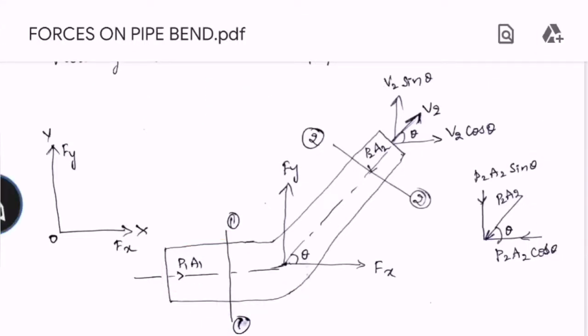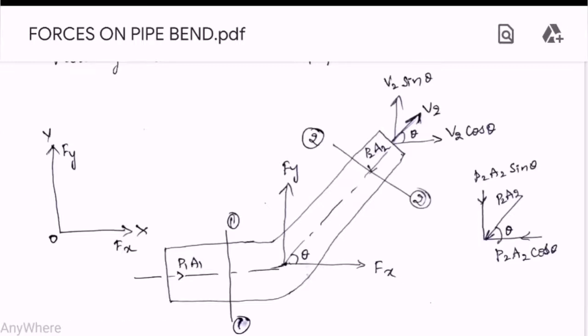Next, that pressure force is due to the water. And next we have the pressure force at the second section. This is also due to water, but because it is in the bent direction, we have to assume that it is towards the left side. Why?